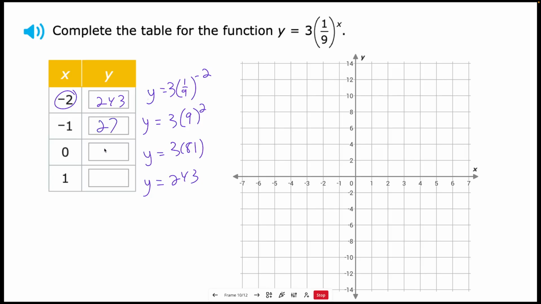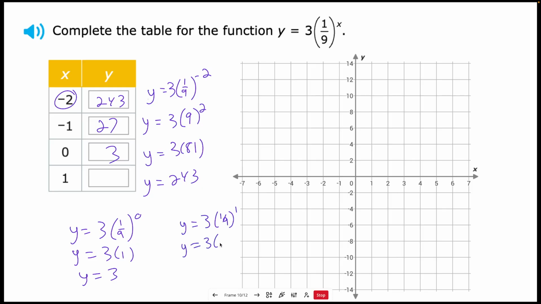This should be 27. This, let's talk about the 0, because what happens here is you get y equals 3 times 1, y equals 3. And to the first power is going to be y equals this.